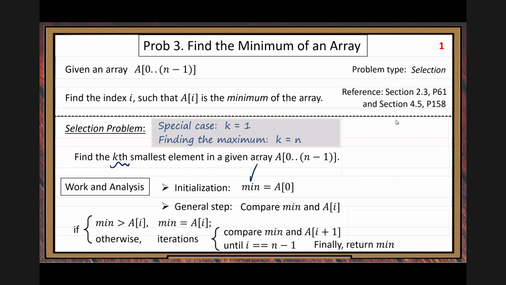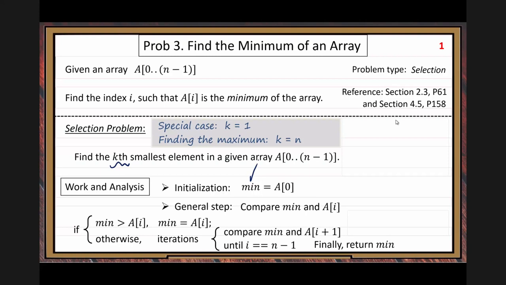Can we do better than this? First, let's see how many comparisons we need in this algorithm. How many comparisons do we need here? Correct. N minus 1, not n. Not n. N minus 1.